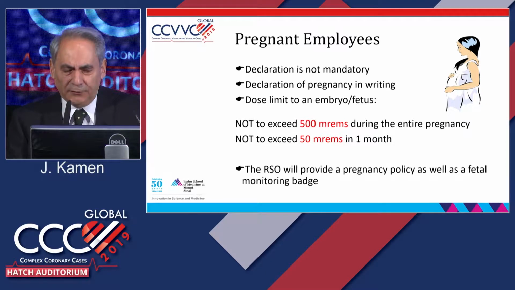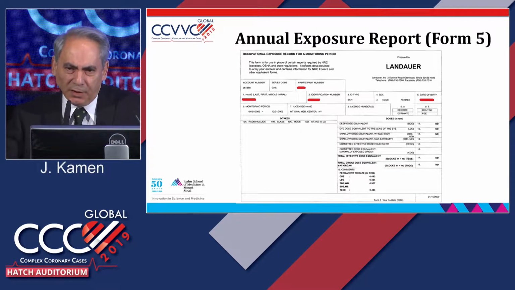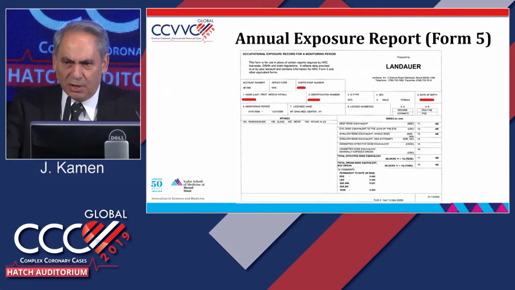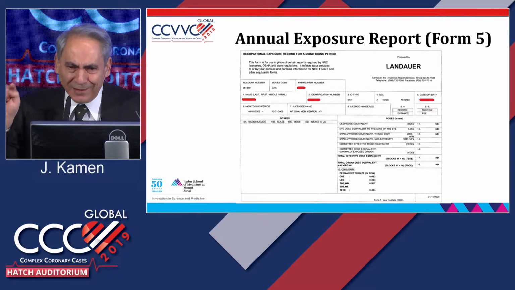And the fetus cannot get more than 500 millirem in 9 months or 50 millirem in any month. They usually ask this question in the exam if you need to know. At the end of the year, you are supposed to get Form 5, which is called the annual exposure. So if you go to any institution and you work with radiation, that institution has to give you how much radiation you received last year. Okay?